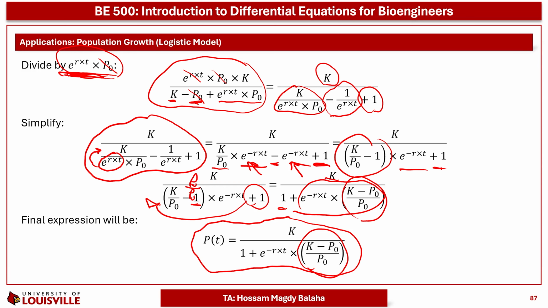That's why it's called a logistic model, because a logistic model follows an equation of a constant over 1 plus the exponential of something, and it can also include a constant here. Now we made the derivation, we can plot it easily using software, and we can get the curve of the population growth.